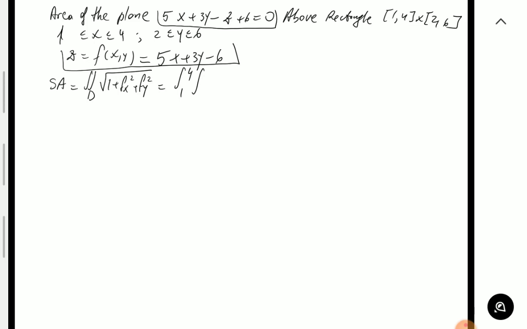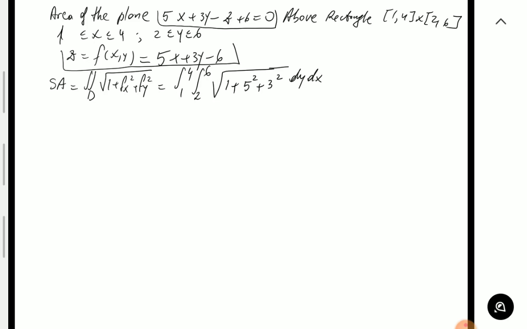So from 1 to 4, 2 to 6, and then 1 plus partial x is 5, so 5 squared, partial y is 3, 3 squared, and then dy dx. So it's pretty straightforward because this is just a constant, right?